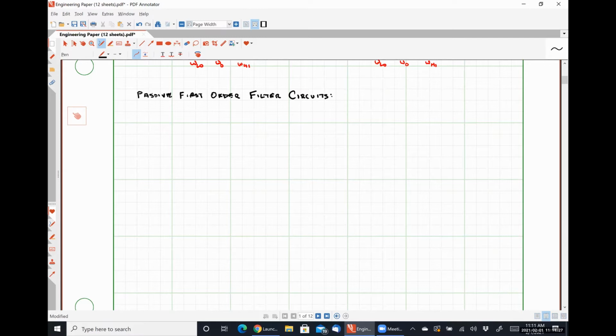And generically speaking, I want to talk briefly about what we're going to be dealing with here, okay? So we are going to have some input signal that we'll consider to be 1∠0 volts.